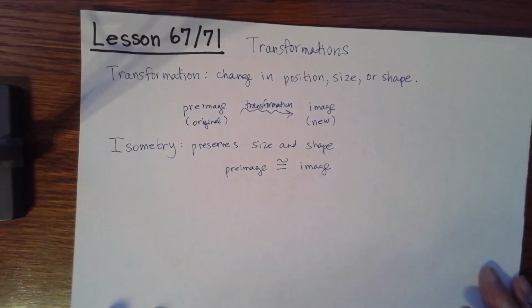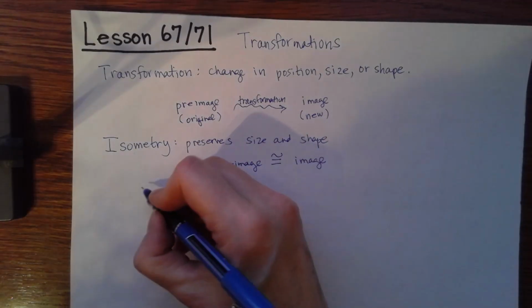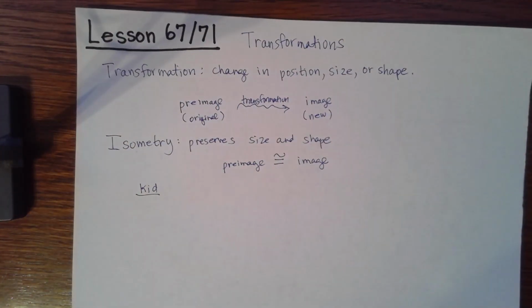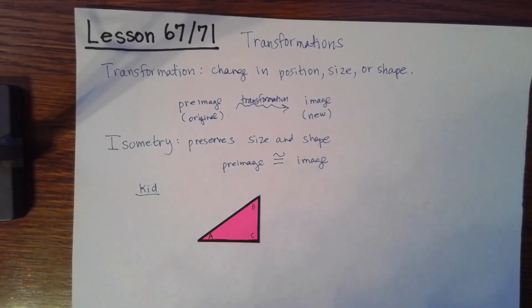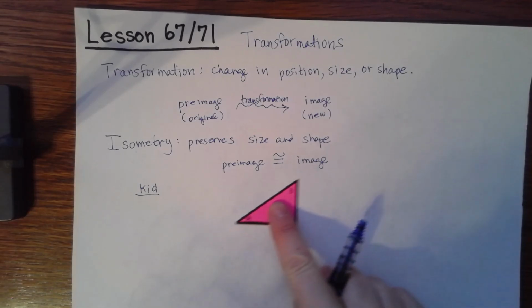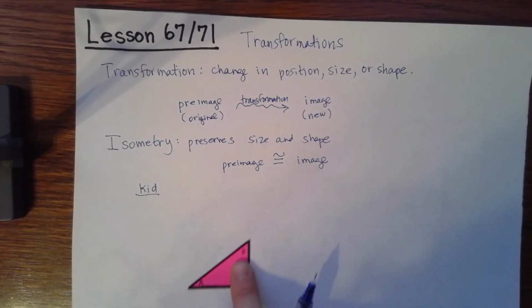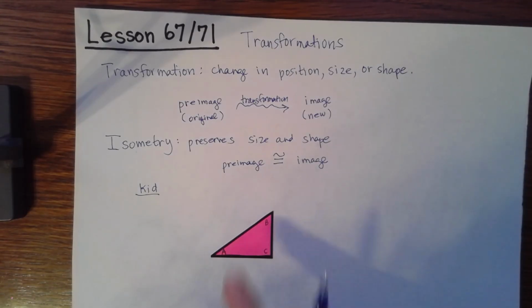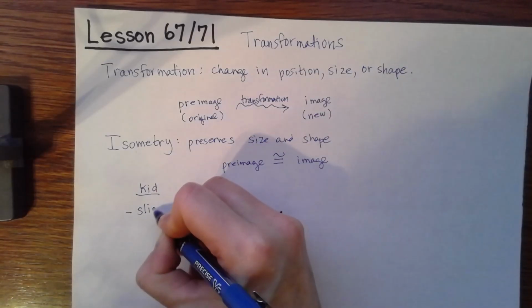And so you've probably talked about these isometries before when you were a kid. When you were a kid, you looked at a shape and you said, okay, I've got this triangle here. What's one thing that I can do to it? Well, I could slide it around and slide it over here. And no matter where I slide it around, it's always the same shape and size. So as a kid, you called that a slide.